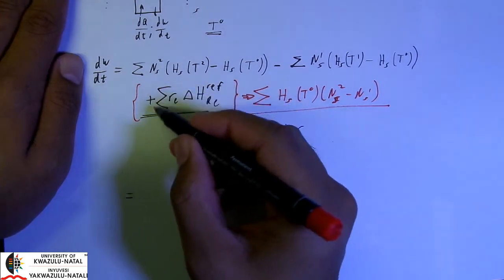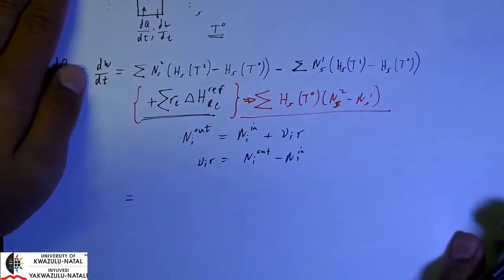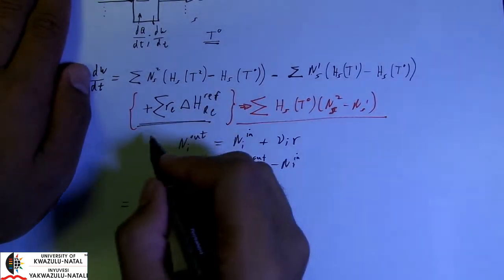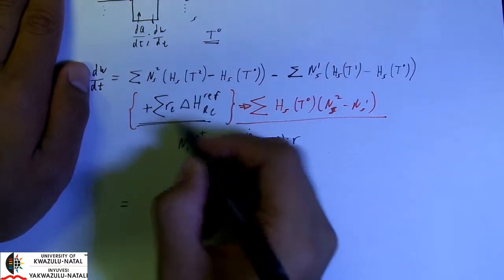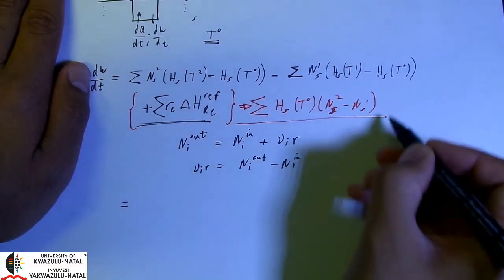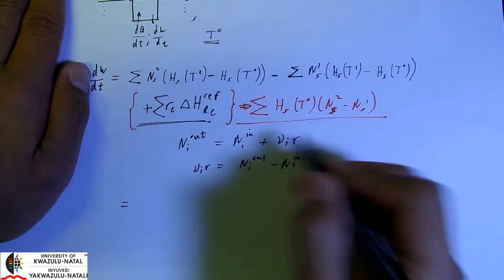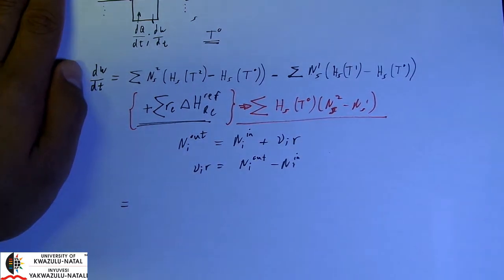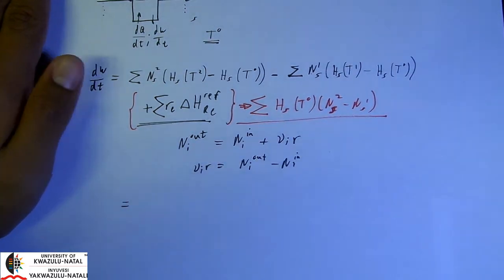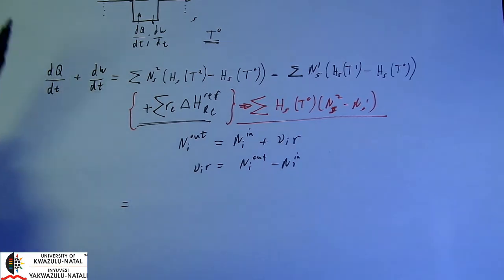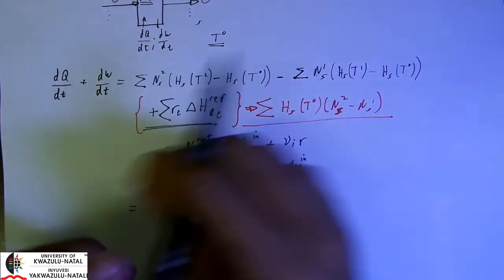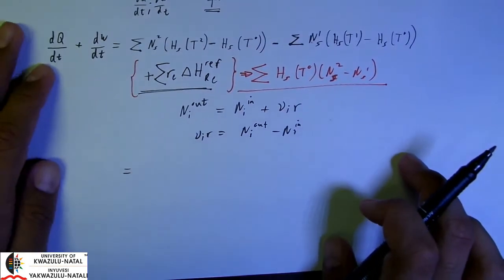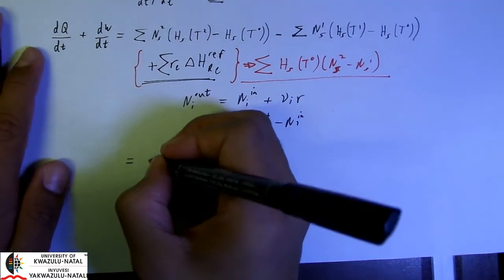Now in the case of not knowing our reaction stoichiometry, we can replace this and go back to basics and work with the enthalpy of our production rates or consumption rates. This is what we can aim to do. So let's look at it once more. I'm just going to rewrite this now.